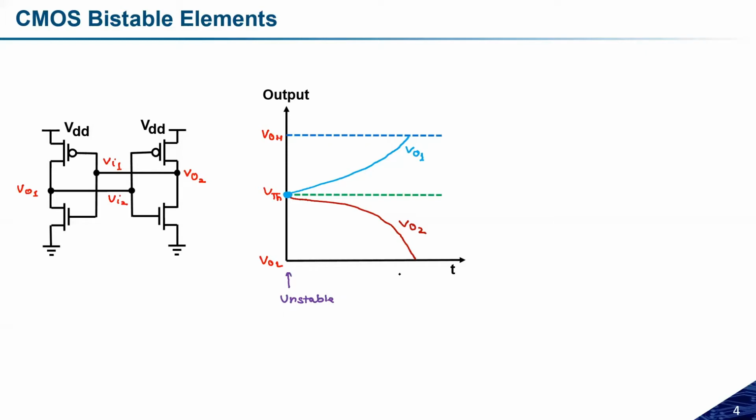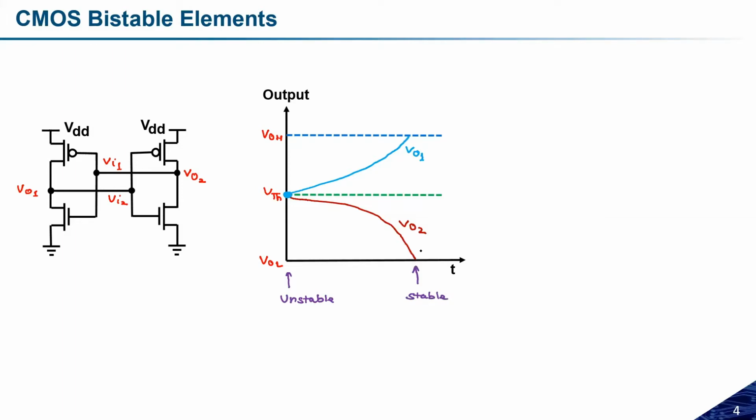But once we have excited some input, we have provided some force to some of the input, either in the positive direction or in the negative direction, accordingly the logic will be changed, and this is the point where we will get the stable characteristics. So both the inverters will be in the stable state.